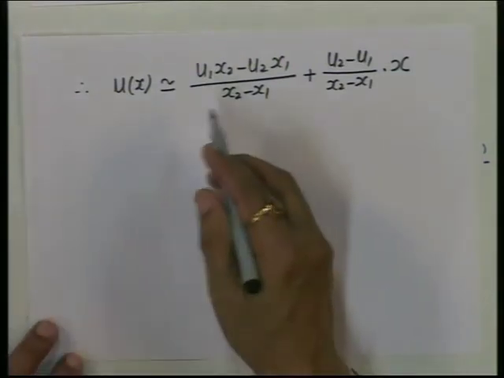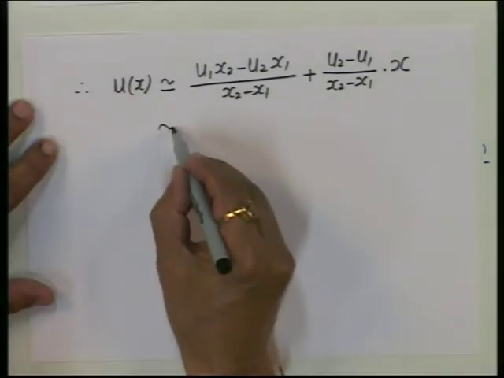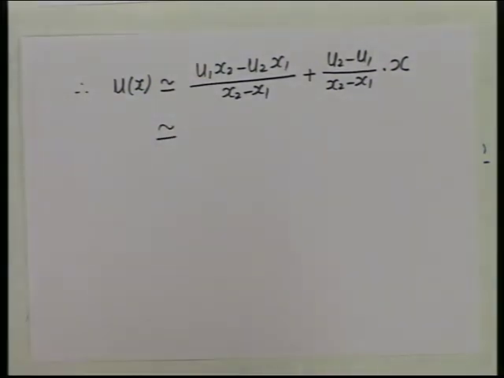Now, it is okay, u1, x2, everything, but I think we can still do something to bring it into a proper form. So, what I will do, we will take the coefficient of u1 at one place. What are the coefficients of u1? So, u1 at one place and u2 at another place.